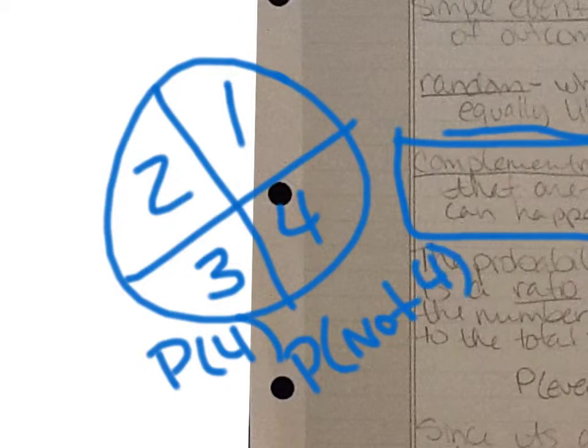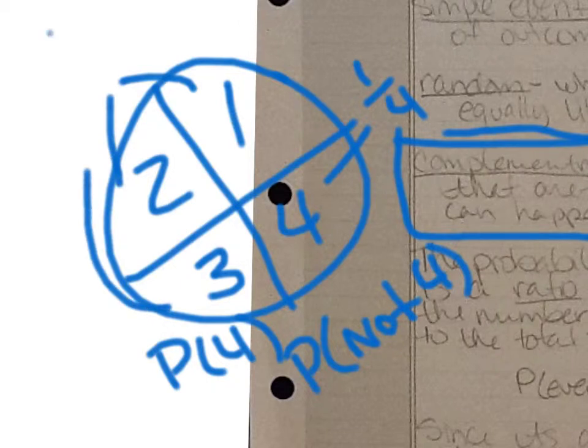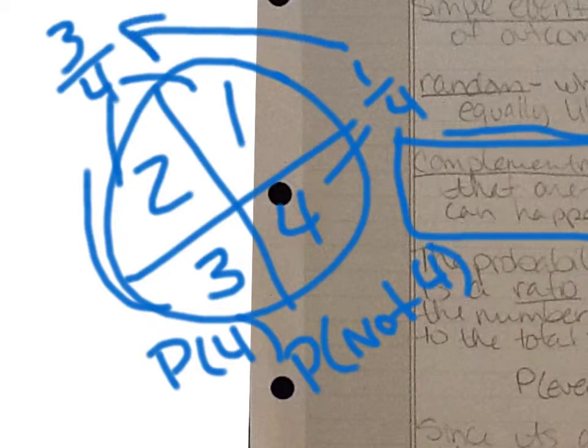So the probability of landing on 4 would be 1/4, because you have 1 out of 4, and the probability of not landing on 4, there are 3 ways to not land on 4, and that's 3/4. And so we'll come again and look at this relationship. Perhaps you can see that relationship right now.